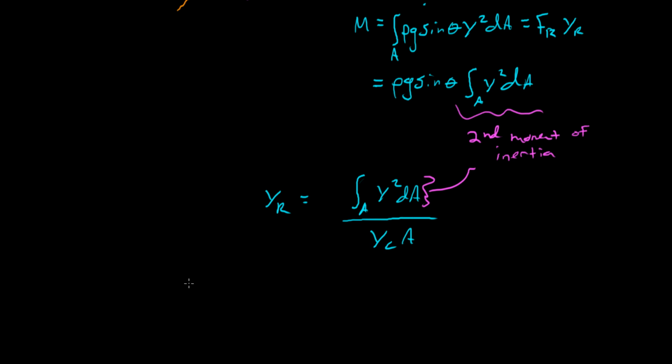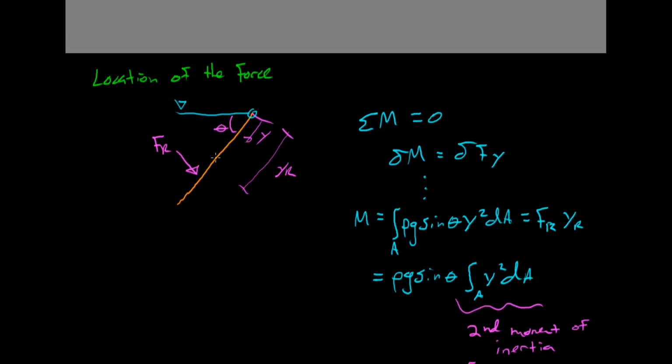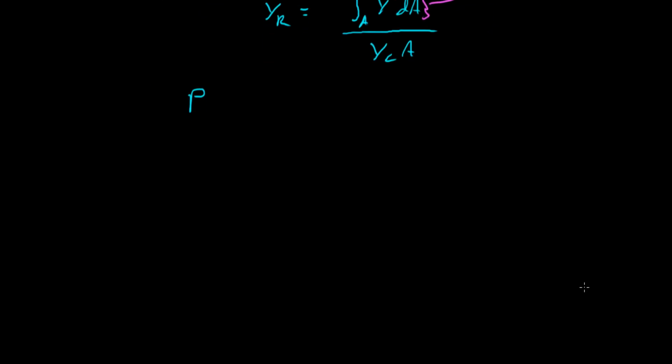If we have a shape that's been offset, in other words, if we were just looking at this portion, then our derivation wouldn't work because we sum moments up here. Well, actually it would. There's a trick called the parallel axis theorem, which lets us shift this result anywhere we want.